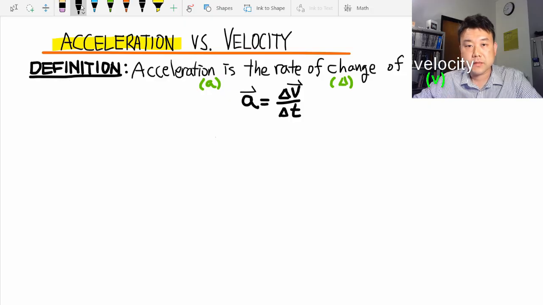So the definition is all well and good. The problem here is that a lot of physics students initially don't have a good intuition for acceleration. So you can memorize this definition, but it takes some time for you to internalize it. And here's why this distinction is important. Velocity and acceleration are how we describe motion.